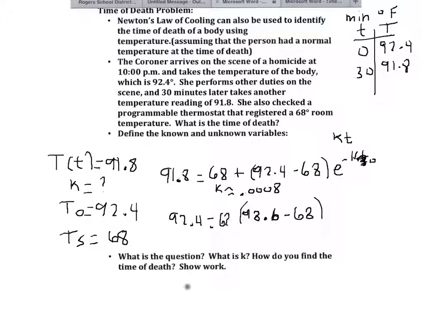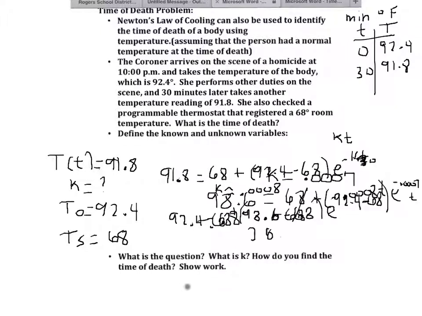So 68 is the surrounding temperature still, plus 98.6 subtract 68, and then you're going to have e to the negative 0.0008, and we're solving for little t. We just have to realize that when we find t, we have to count backwards from that 10 p.m.